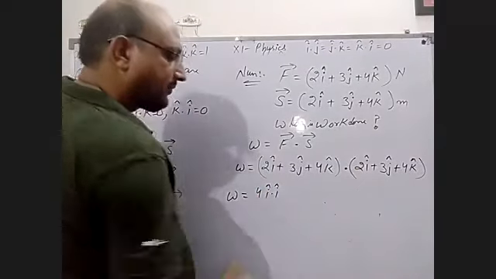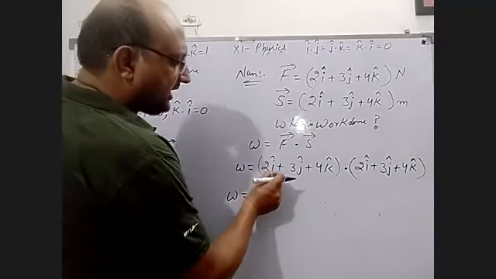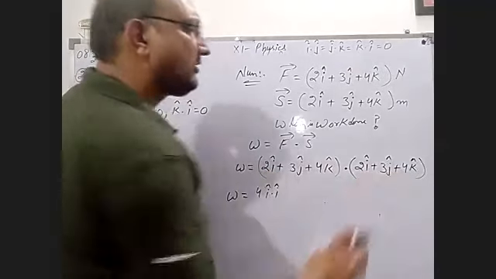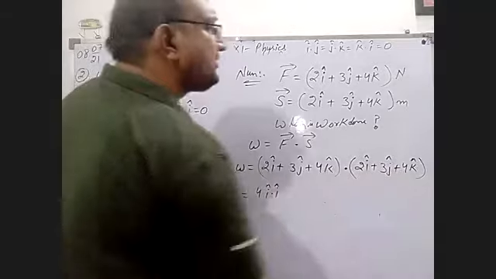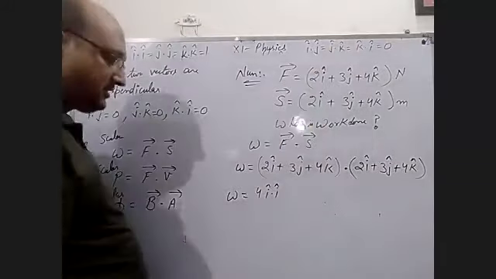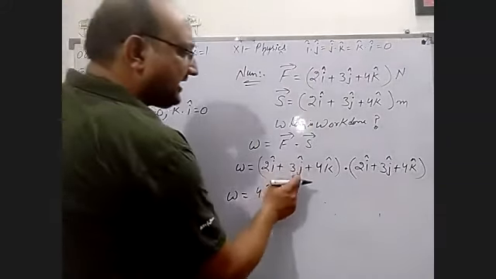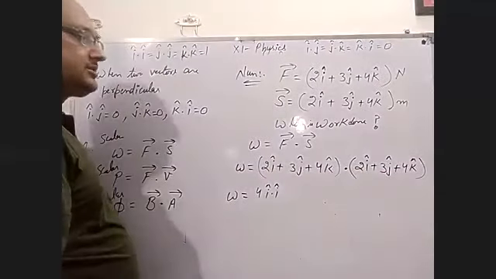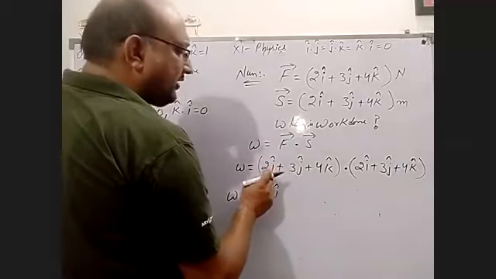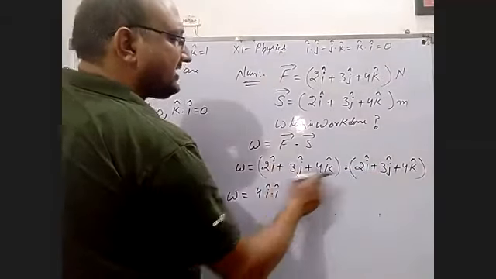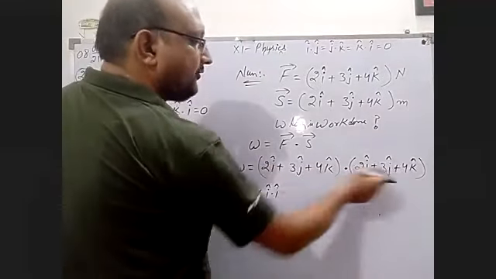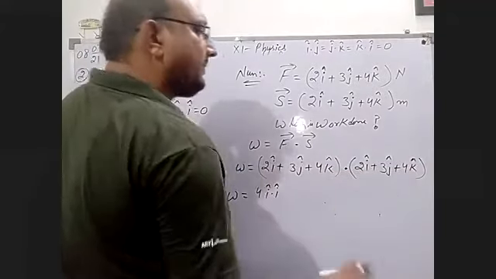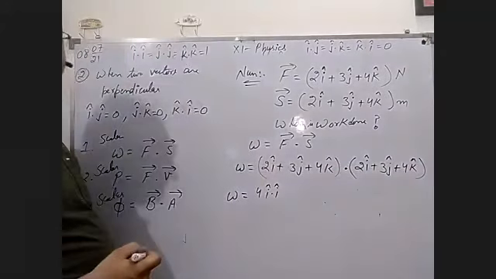But when you are multiplying 2i with 3j, it will be 0 because i dot j value is 0. Similarly the 3j case and similarly the 4k case. So, if we are multiplying 2i with the i term, j with j, and k with k, then easily you can multiply this.